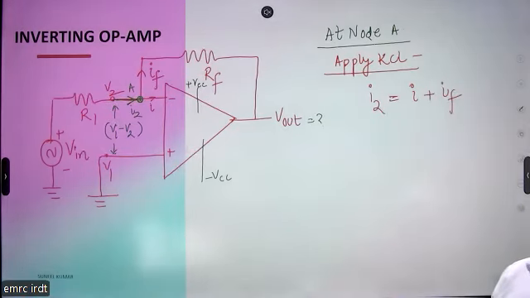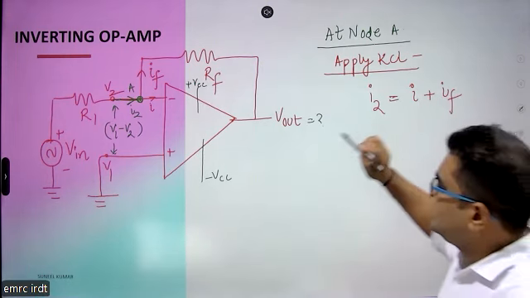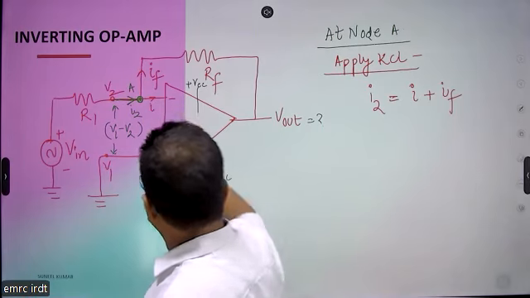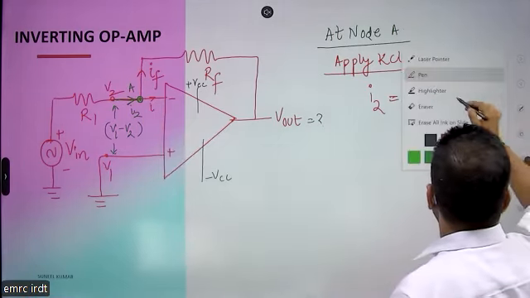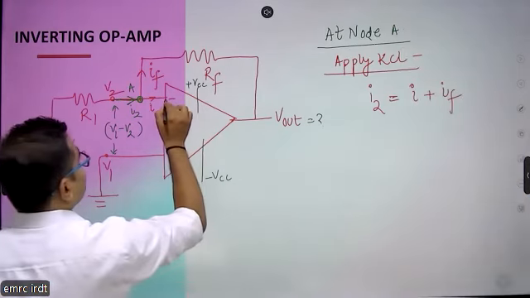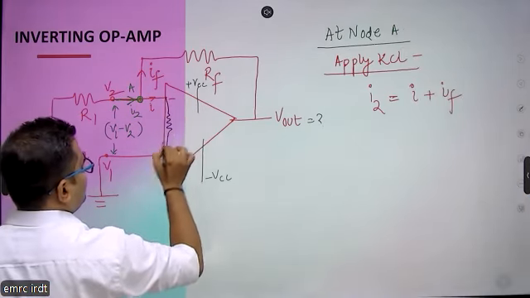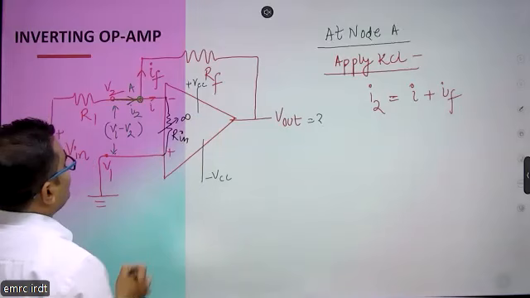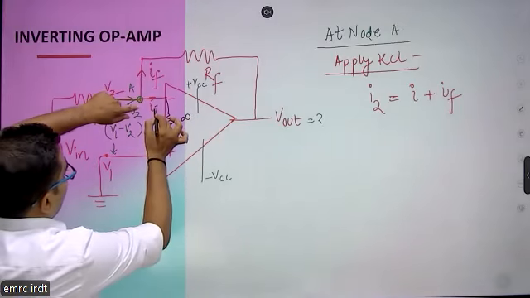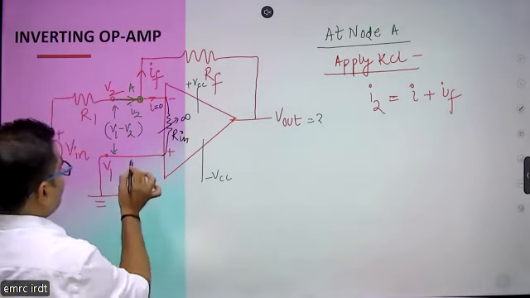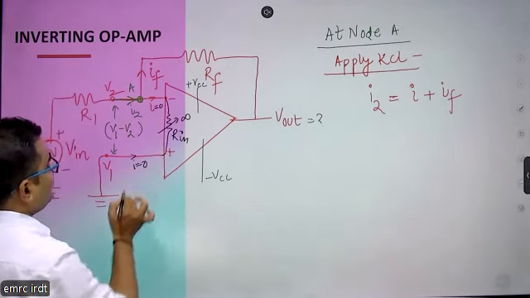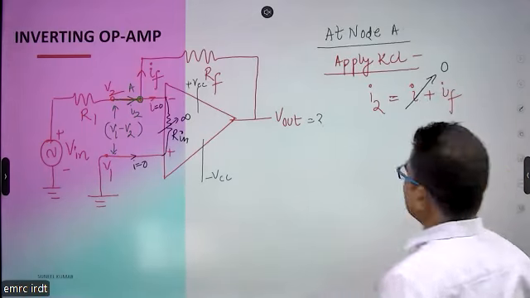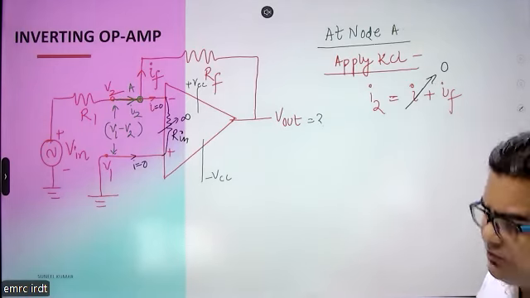Remember, we have considered the input resistance to be infinite. So what will be the value of this current? This small I will be 0. So the I current is going to be 0.